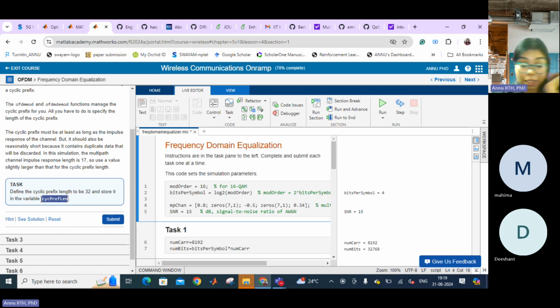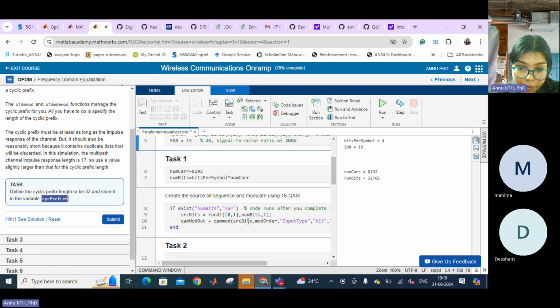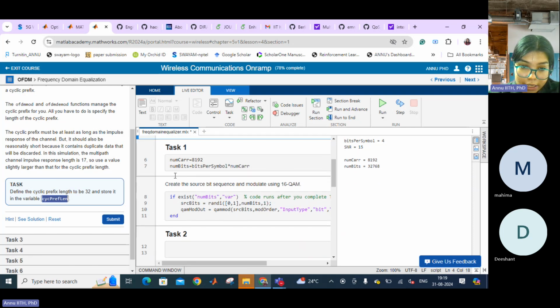At least it should be as long as the multipath channel size. So we have to create source bits, then the source bits go through QAM modulation. After the source bits, the QAM modulation is happening. 32.